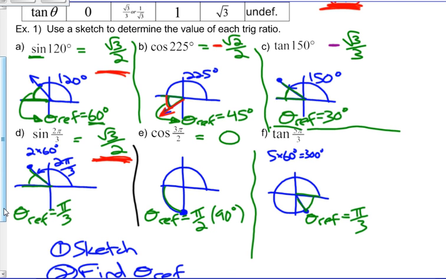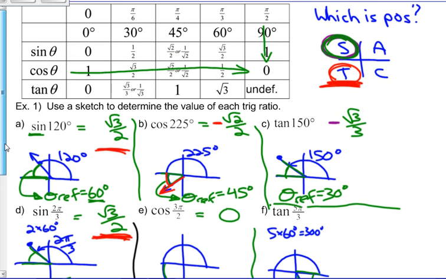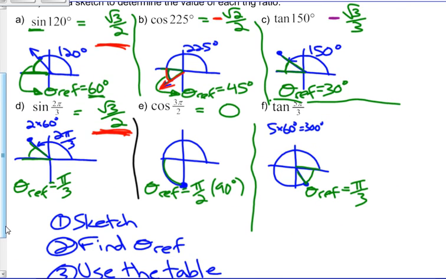Okay, so we've got tan. The reference angle is pi over 3. Pi over 3 and tan gives us root 3. So the answer over here should be root 3.